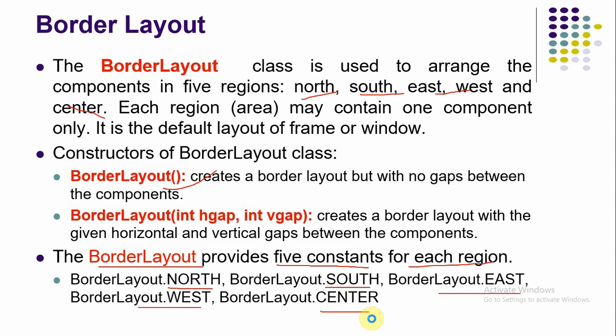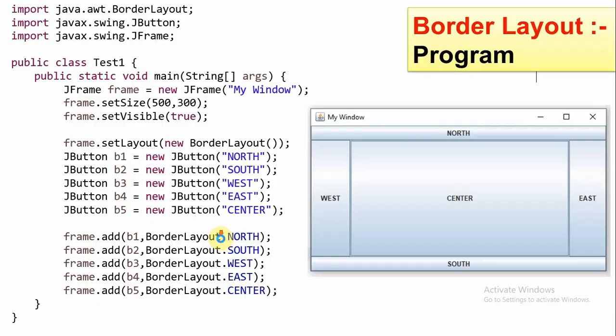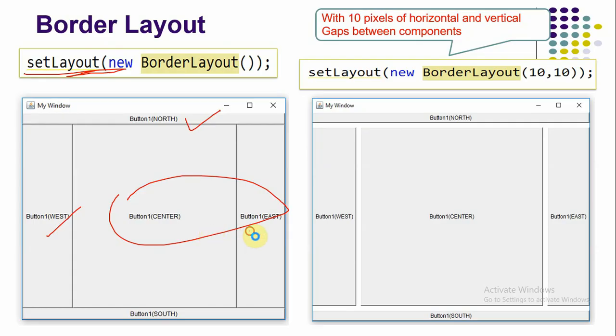If you want to keep it in center, we use BorderLayout.CENTER. For example, here I have created setLayout, new BorderLayout. Then I am adding 5 buttons, one in north, one in west, one in center, one in east, one in south. And if you want to give some gap, we can use a gap like 10 comma 10.